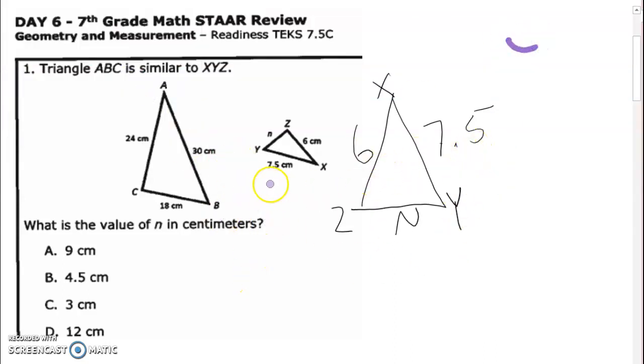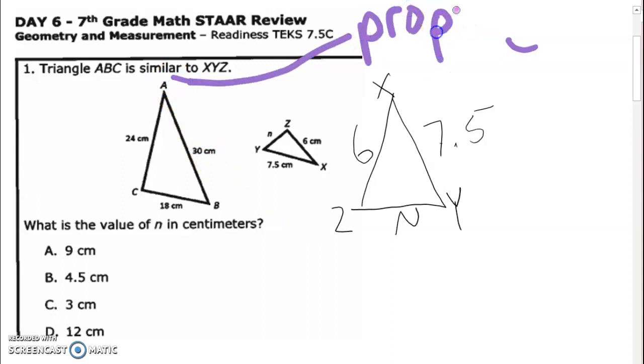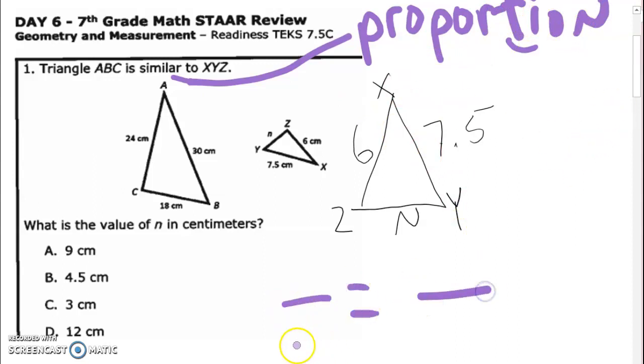And so what you got to do is this: think here. Think of when you see the word similar, you got to think of the word proportion. So you got to make yourself a proportion. What is a proportion? It's just two ratios next to each other. Remember the word proportion is a fancy word for fraction.